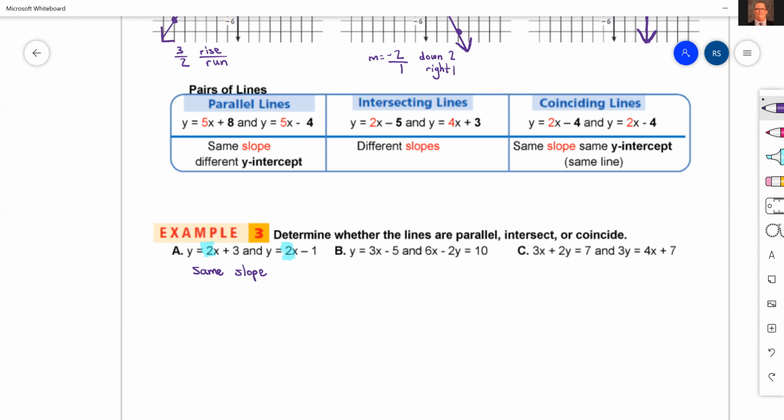Now look at your intercepts. 3 and -1. Are those the same? No, they have different intercepts. So what kind of line are these? We've got same slope but different intercepts. Parallel.